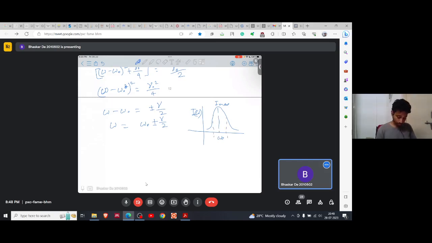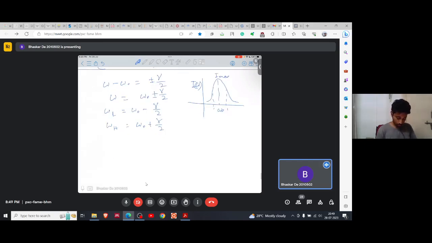So omega lower is omega naught minus gamma by 2, omega higher is omega naught plus gamma by 2. So FWHM equals omega H minus omega L, that is gamma. That's how you calculate the full width half maximum from a Lorentzian.